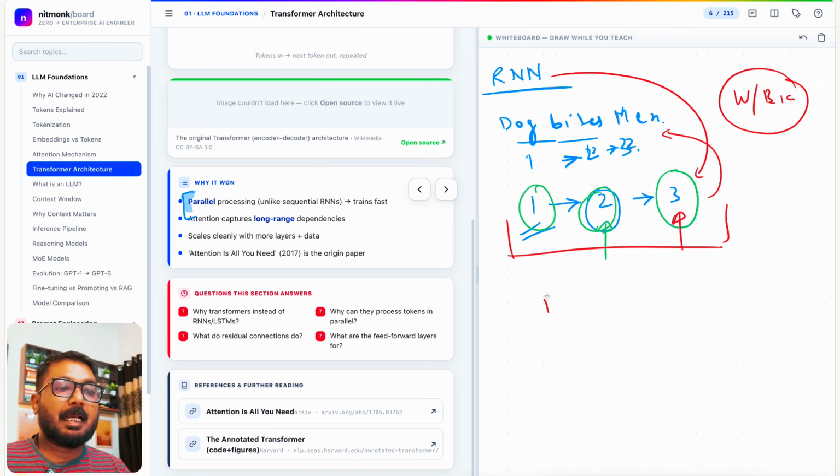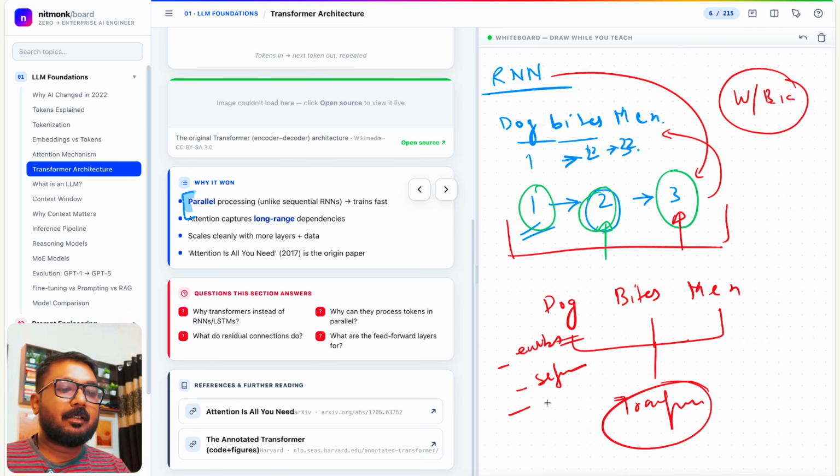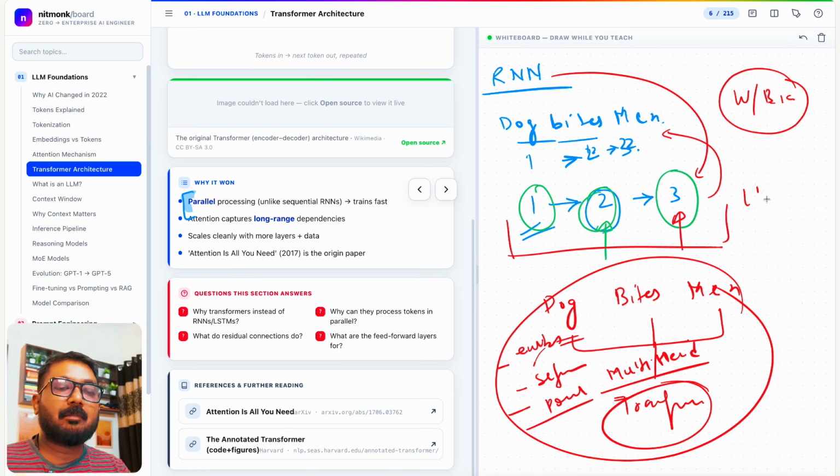But here everything happens in parallel. If I go to the transformer, all of these things happen with parallel architecture: the embeddings, the self attention mechanism, the positioning, all happen in parallel. Even the multi head that I told you about happens in parallel, and then the LLM transformer understands the sentence that we write to it, or even the paragraph that we send to it, right?